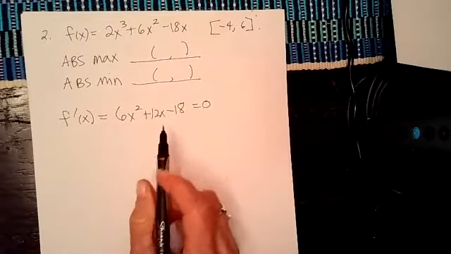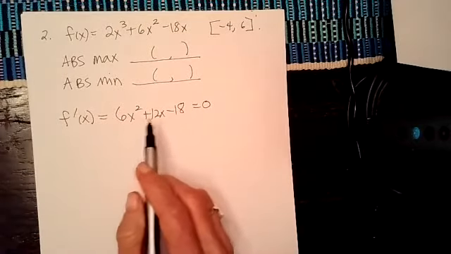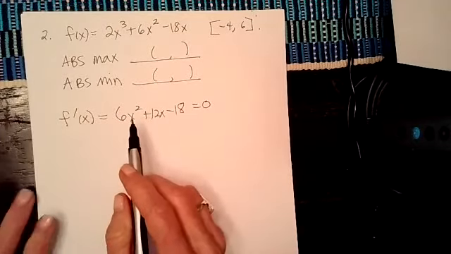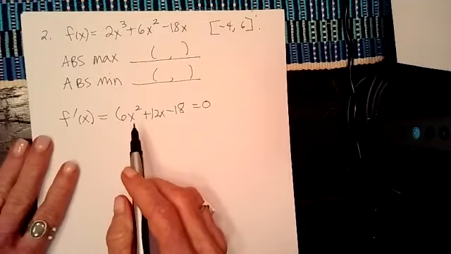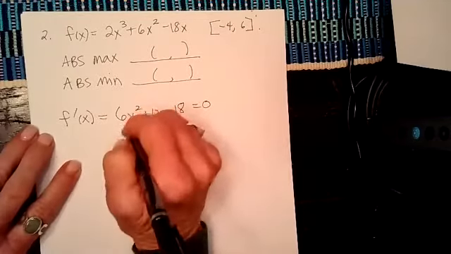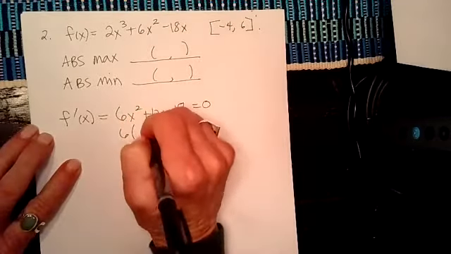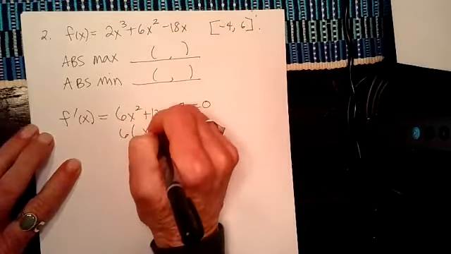And I have to factor, but remember, we know it's easier to factor when the coefficient of x squared is 1. And so let's take a 6 out of everything, and I'm left with x squared plus 2x minus 3. Factor out a positive, the signs remain the same. You divide each term by 6 to see what you have left over. And then I factor: x squared is x times x, and 3 is 3 times 1.